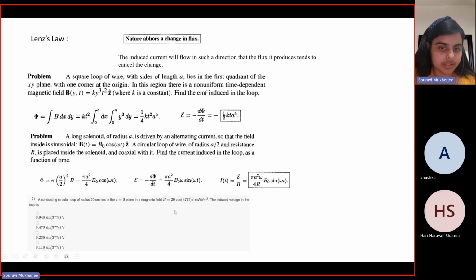Here, as you can understand, we have to find the induced voltage. That means we have to find the EMF. And for EMF to be non-zero, the flux should change. Here, as you can see, the area is not changing. So what is changing is actually the magnetic field, right?